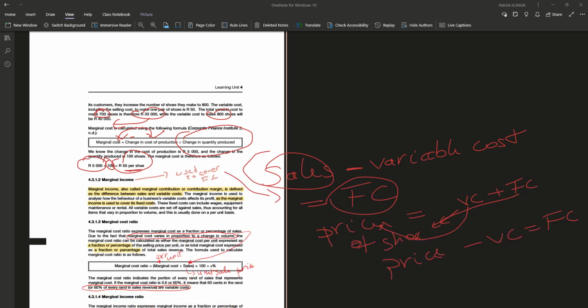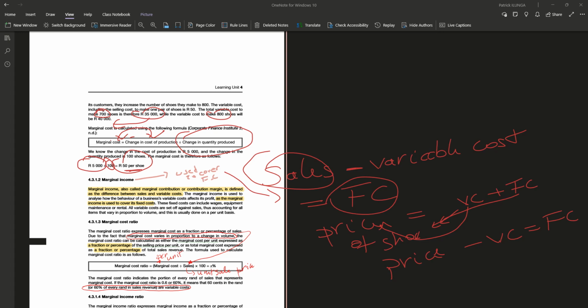Now let's look at marginal income. The marginal income is also known as the marginal contribution or the contribution margin. It is the difference between sales and variable cost. It is all about that margin, right? That margin which is the profit, right? The marginal income is used to analyze how the behavior of a business's variable cost affects its profit.